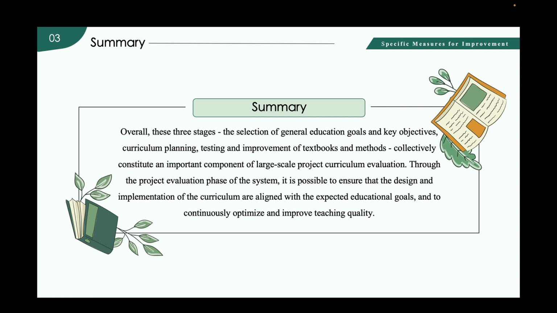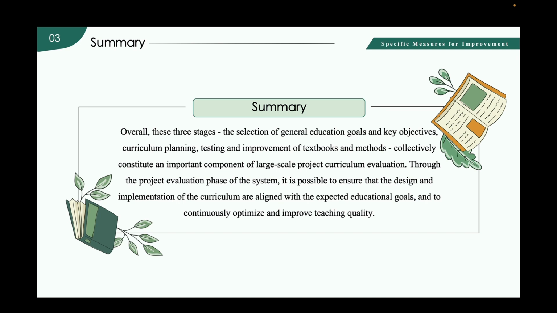Through the above steps, educators can adjust textbooks and teaching methods in a timely manner based on the results, helping students learn better, acquire knowledge, and achieve better teaching results.